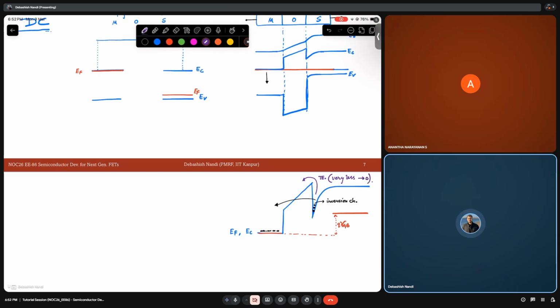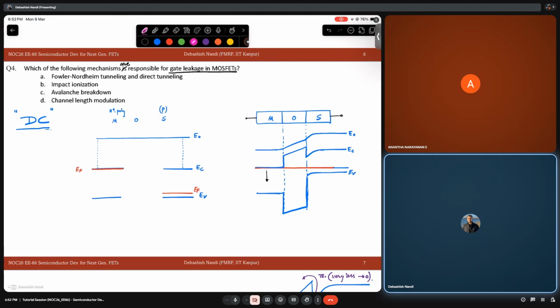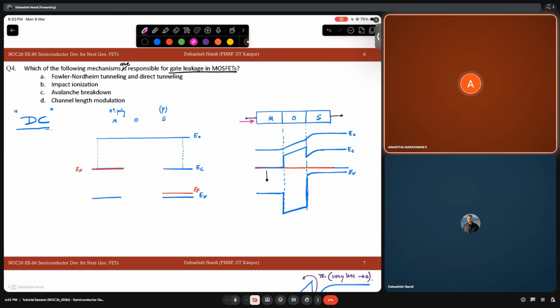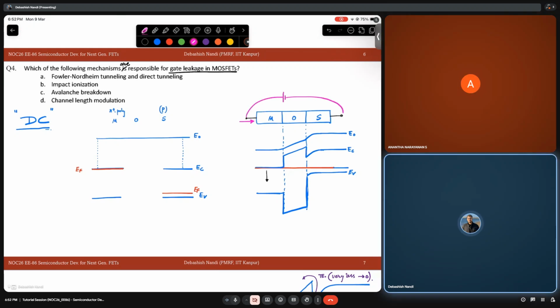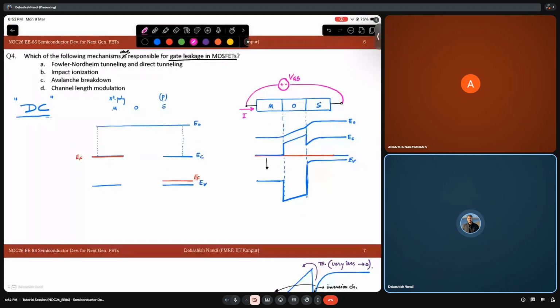So what are the other mechanisms? Sir, tunneling. Tunneling, right? If the oxide thickness was very small, then it's possible they could tunnel. Let's say this is my VGB, some bias VGB. So this is my IG.